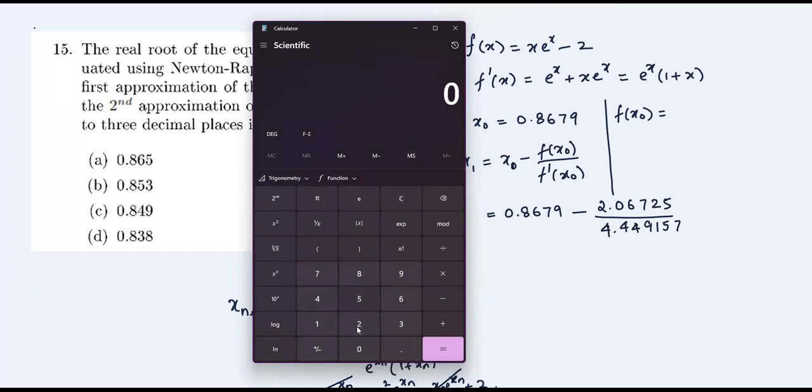So 2.06725 divided by minus 4.449157. Okay, so 0.46, the negative.